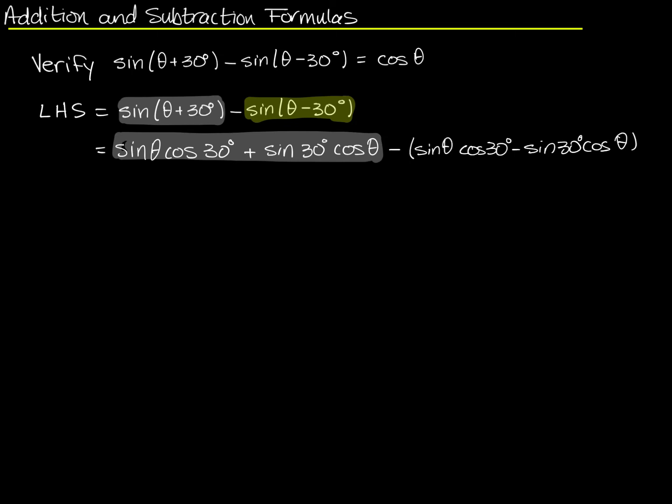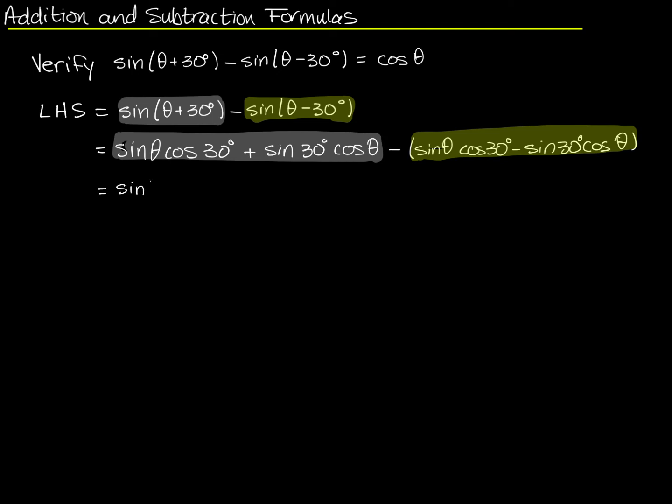Notice that I put the second term in parentheses, because I'm subtracting it from the first term. I put that in parentheses because I've got multiple terms within this term, and I don't want to forget to distribute my negative.